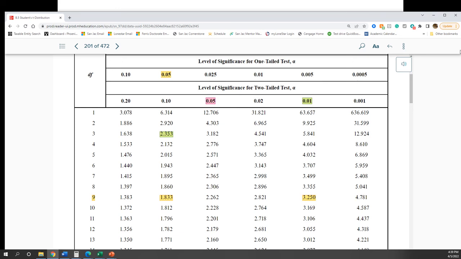So we can conclude that there are more defective parts produced on the day shift than on the afternoon shift. That's how it is.